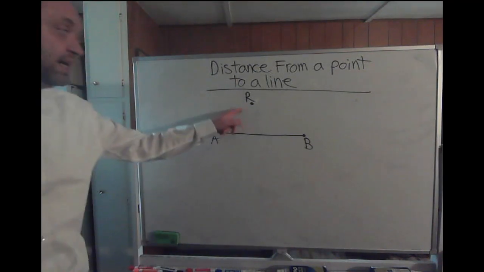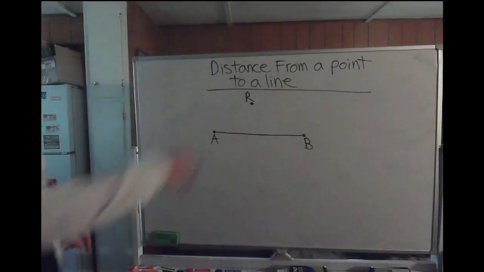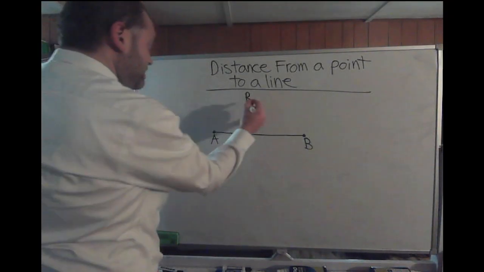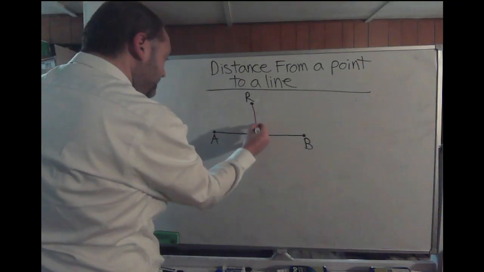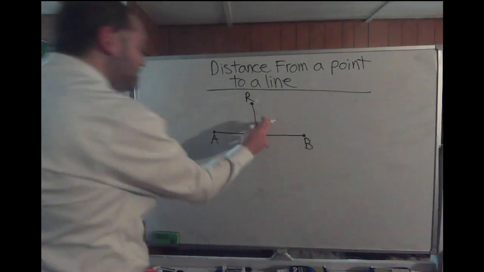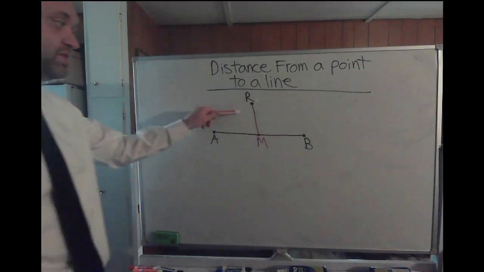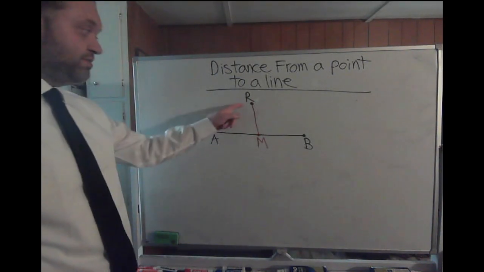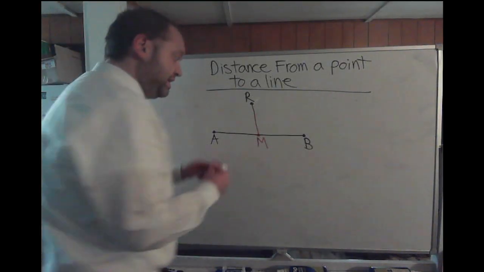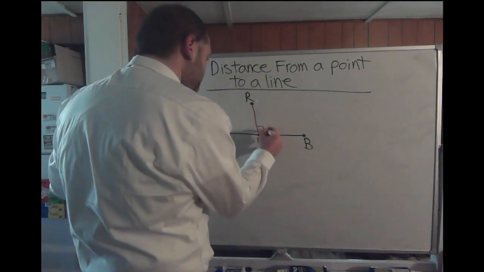It's the length of the perpendicular line leading from that point to that segment. So from point R to AB, we'll call this intersection M, where AB and R intersect. The distance from point R to AB is the length of this perpendicular line RM to AB.